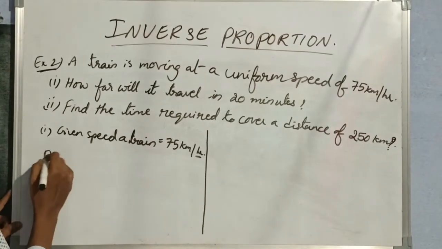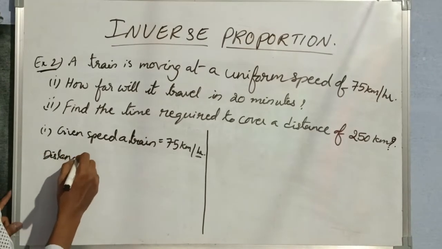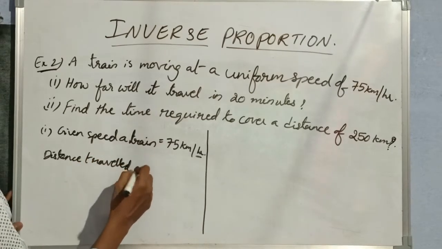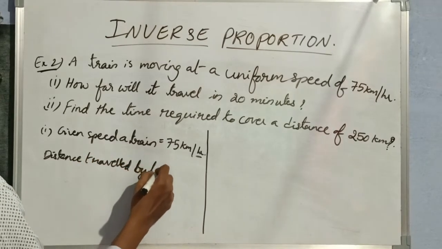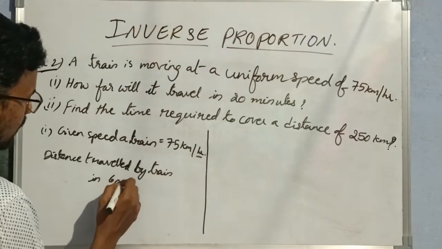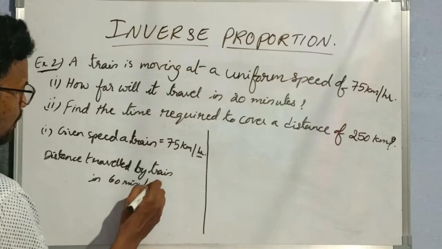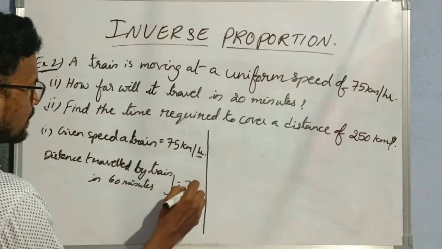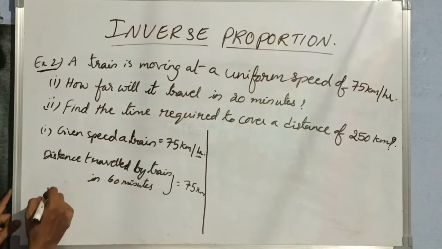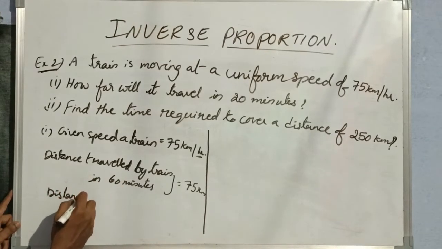Okay? So now distance travelled by train in 1 hour, 1 hour is nothing but 60 minutes. How much in 60 minutes? 75 kilometers.